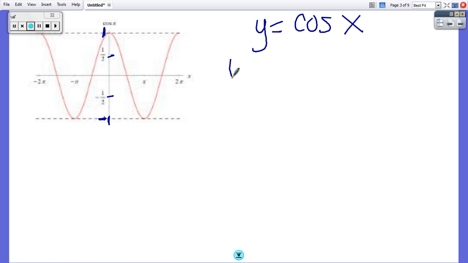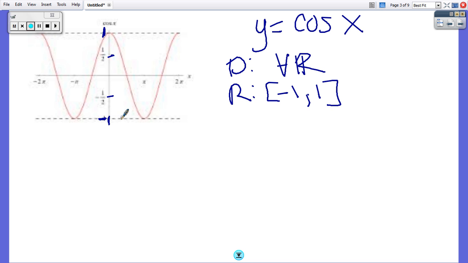What you need to know about cosine of x is that the domain is all real numbers, just like sine. The range is -1 to 1, just like sine. Never goes below -1, never goes above 1.